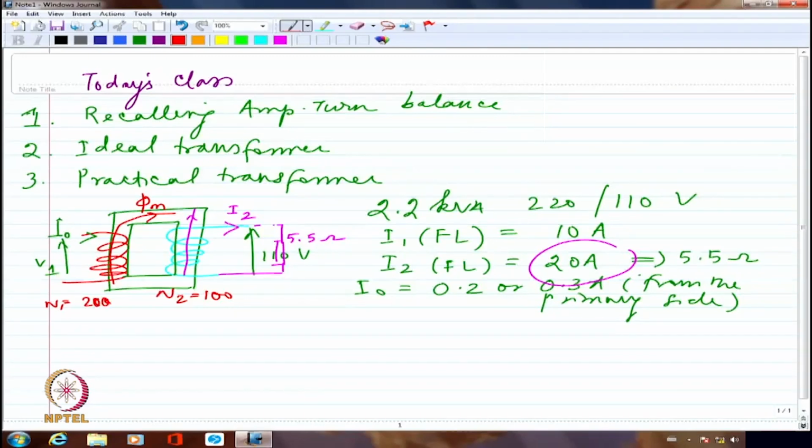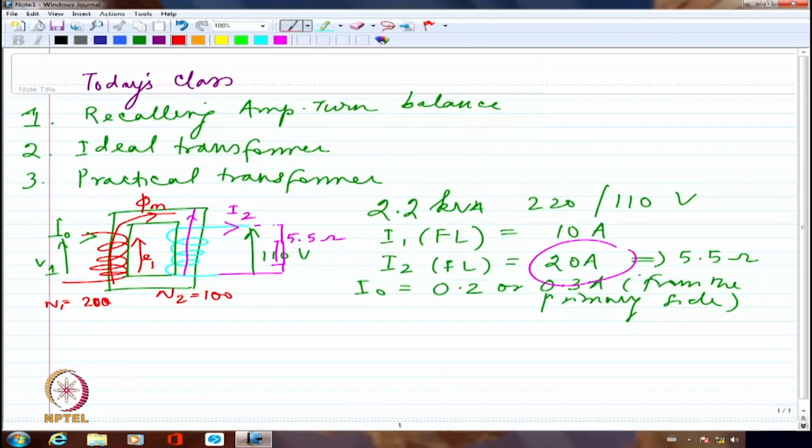If the transformer action ceases to exist, the E1 induced here will also collapse. If E1 collapses, a huge current will flow into the primary winding, because originally the current was V1 minus E1 divided by the resistance of the primary coil.